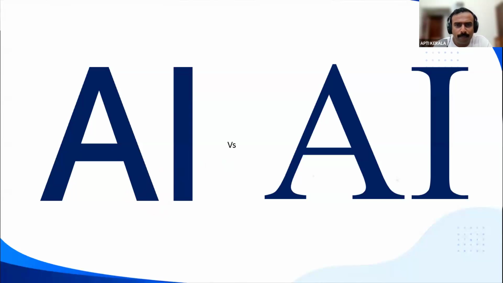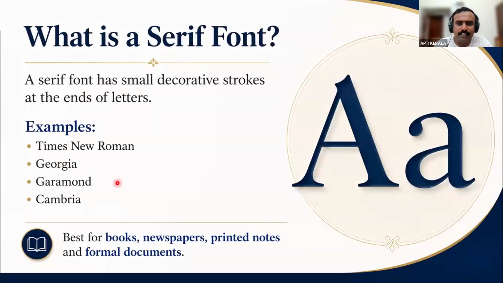These types of fonts with fancy strokes are known as serif fonts. A serif font has a small decorative stroke at the end of the letter. See the end of this A, it has a foot-like thing. Classic examples include Times New Roman, Georgia, Garamond, Cambria, Baskerville.